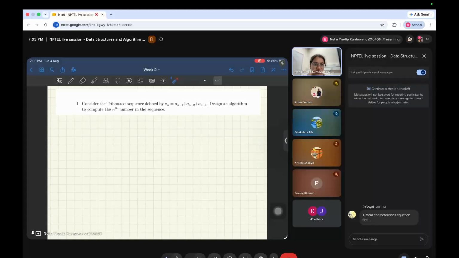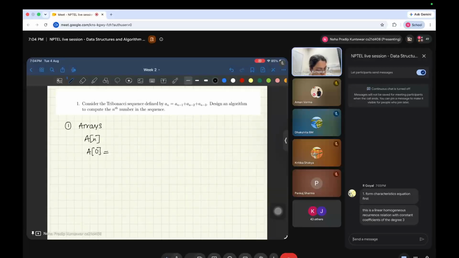Okay, yeah. So Goel says we can form the characteristic equation first. Okay, even before that, if you have to do a naive algorithm, the first algorithm would be that you use arrays, and let's say the array a_n is an array of length n, where a0 is 0 and a1 is 1.